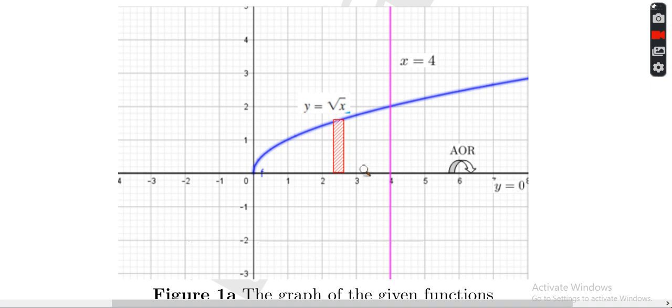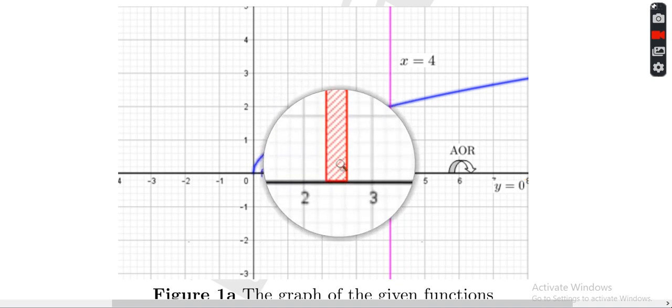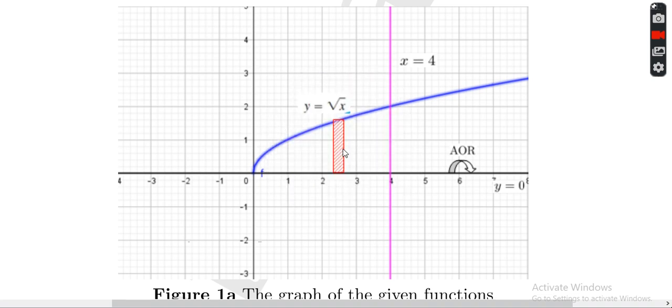Okay, so in this case, the rectangular strip is perpendicular to the axis of revolution. Naka-attach yung ating rectangular strip dun sa axis of revolution. So yung method na gagamitin natin is the disk method. Okay, I hope that is clear.